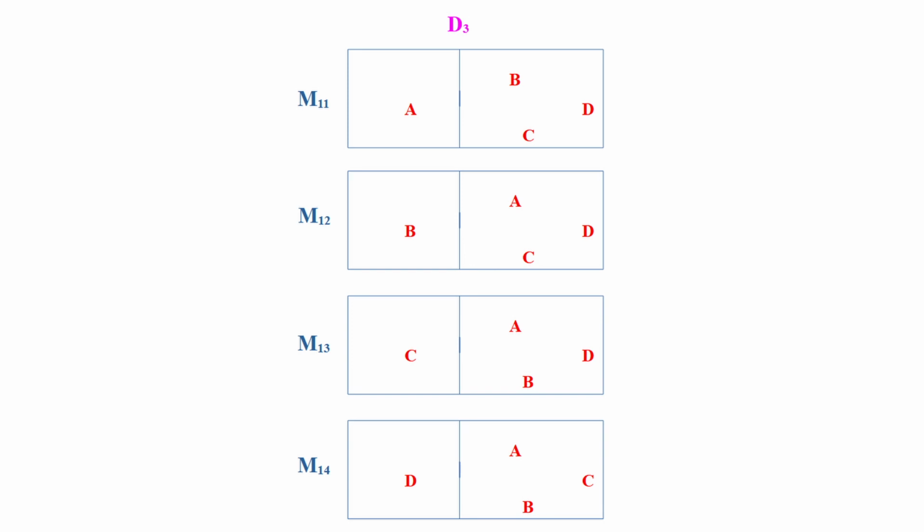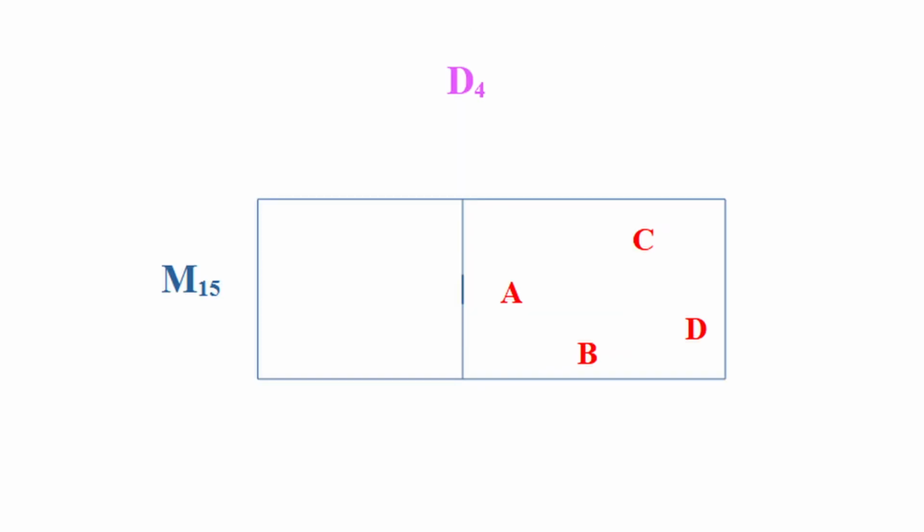Thus, W3 also equals 4. For the last possible distribution, D4, with all 4 on the right, W4 is equal to 1, which is the same as for the initial state.